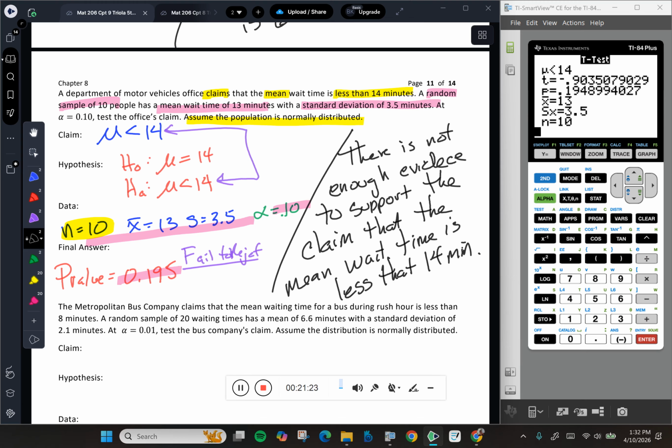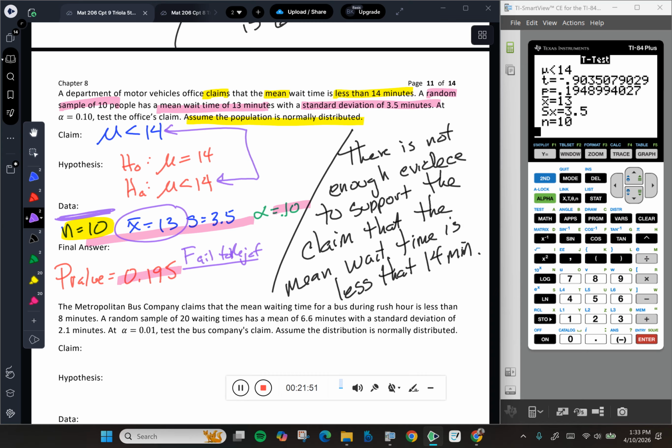This is another one of those ones where it seems kind of kooky if you just look at it. They said it's less than 14. Our data comes back with 13. 13 is less than 14. You would think it would support it. But what ends up happening is it's not low enough for such a small sample to get us into that rejection region, which is where we need to be.